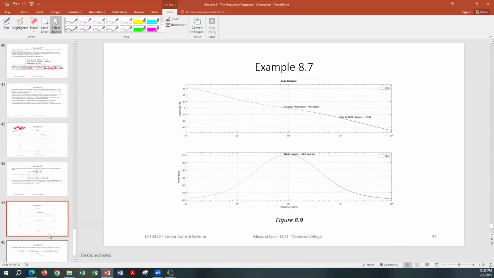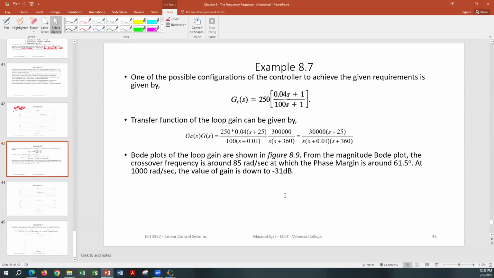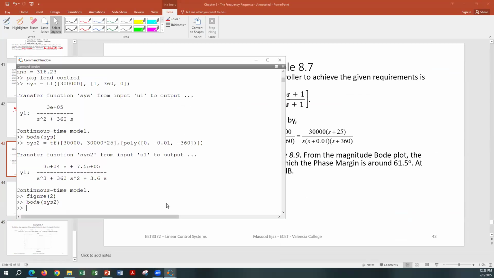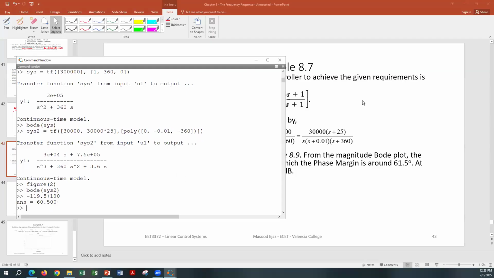So the phase margin is negative 119.5 plus 180, about 60.5, approximately 61.